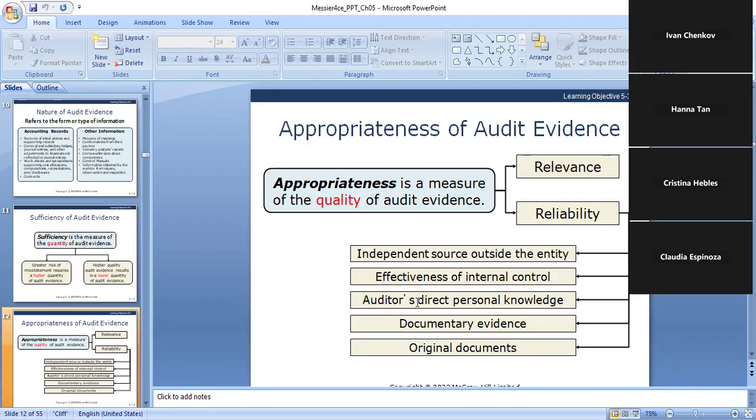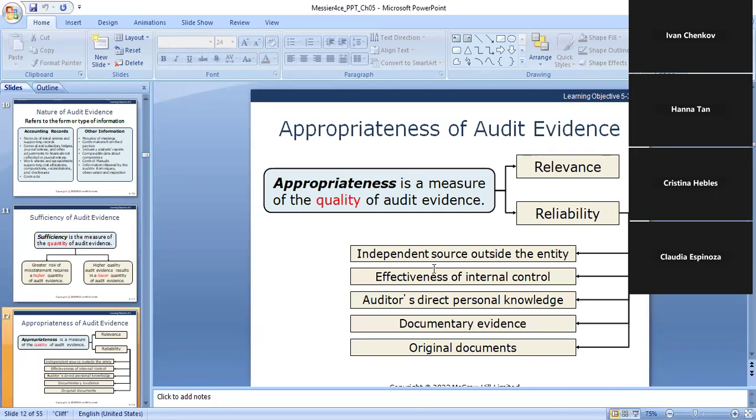The other way to get evidence is to ask a third party, an independent source outside of the entity, to send it to you. That will be the confirmation of the accounts receivable balance. The company says this company owes me $500,000. So what you're doing is asking the company to send a letter to that other company, telling them they owe $500,000, which they have to confirm, but not to you, directly to the auditor.